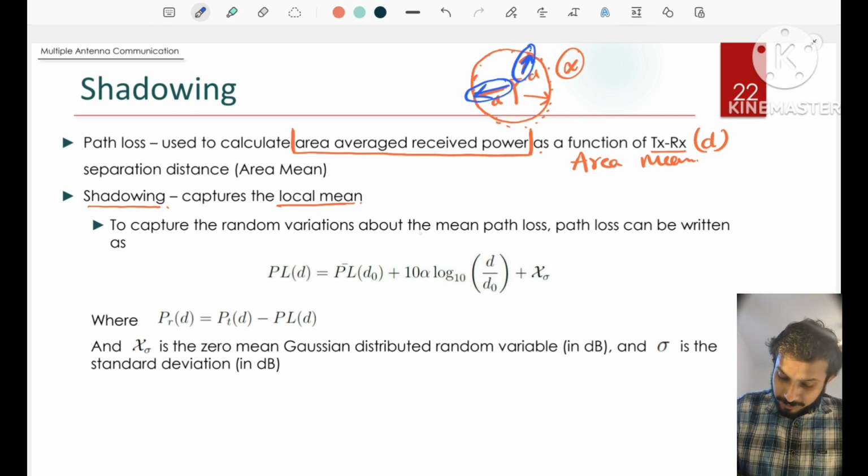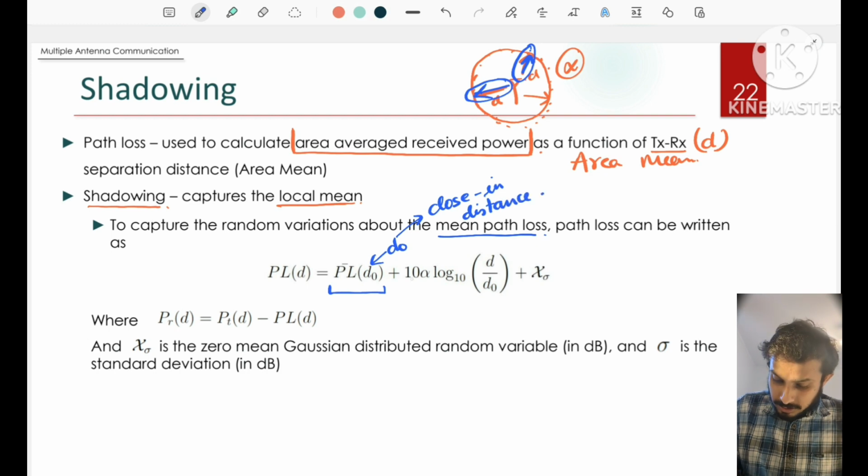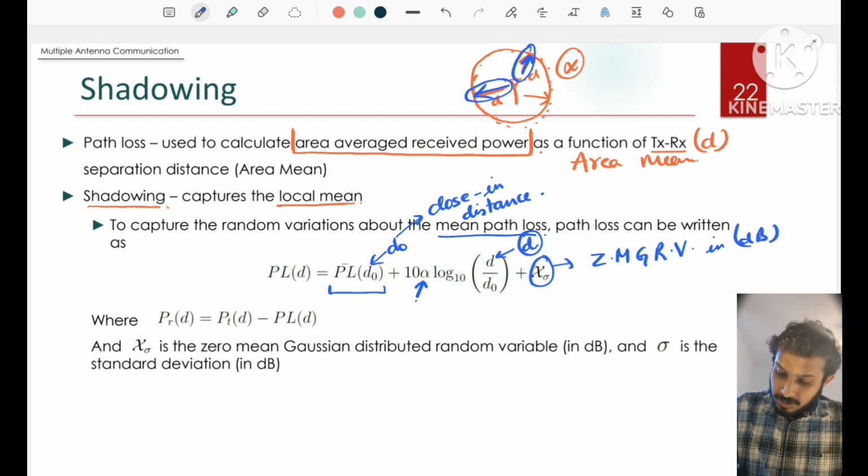After including the average path loss and the shadowing, the path loss can be written as the average path loss at a reference distance of d naught, which we studied earlier, that is the close-in distance. Then alpha is the path loss exponent, d is the distance of interest, and psi sigma is the zero mean Gaussian random variable in dB, which accounts for shadowing.